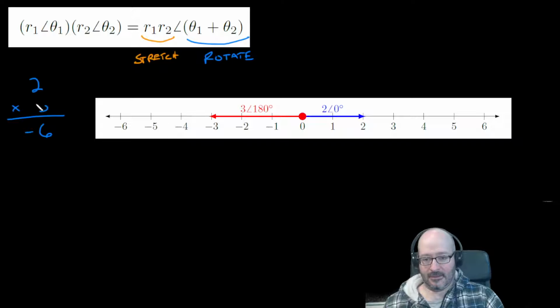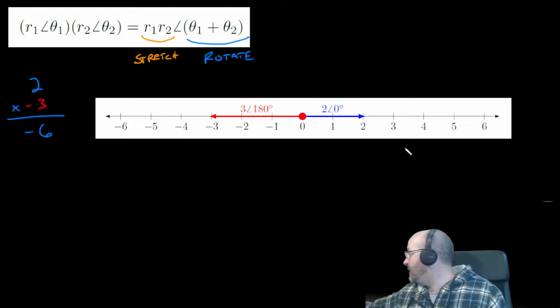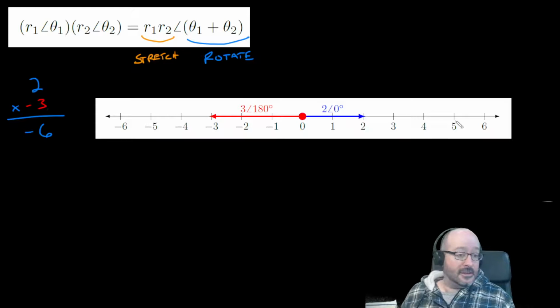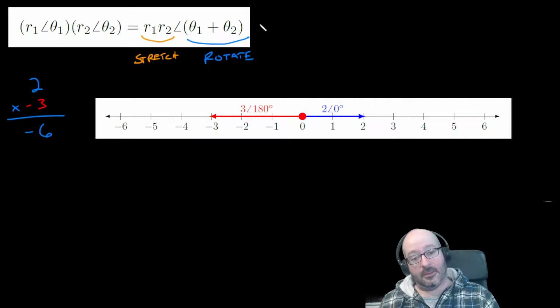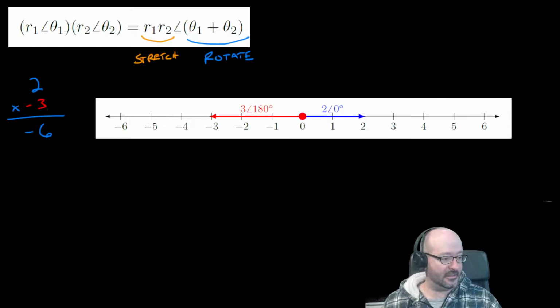Okay, let's do this. I like my colors. -3. And I'm doing the same stuff here. I'm just rotating. I'm stretching this 2 to be 3 times as long. Ready? 1, 2, 3. Right? And then I'm rotating it by 180 degrees, and I end up over here at -6.